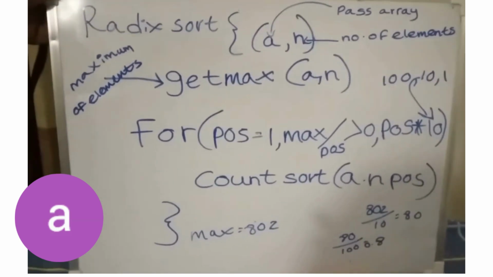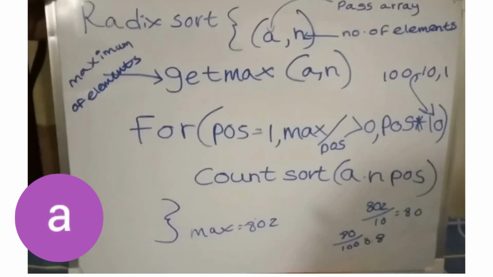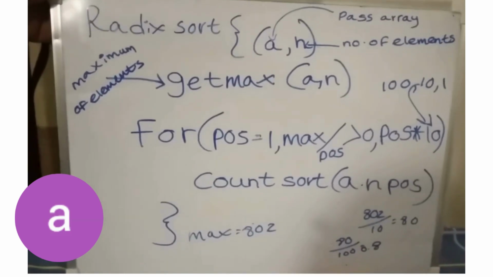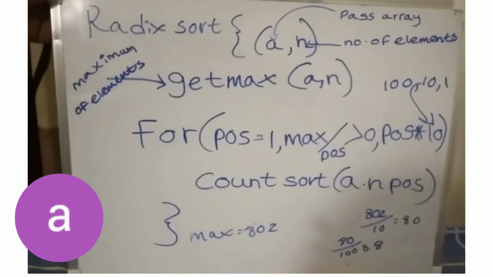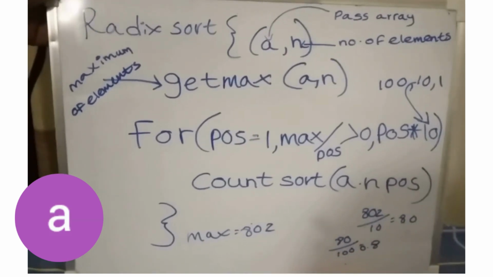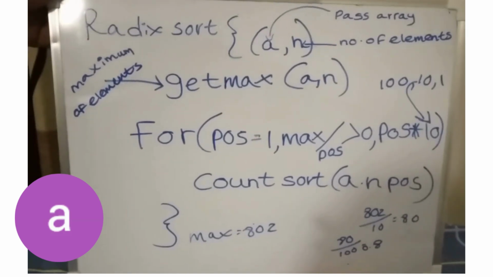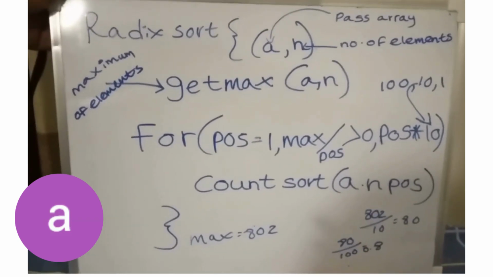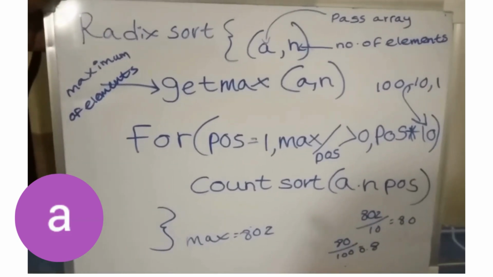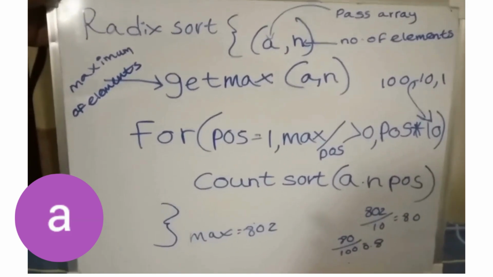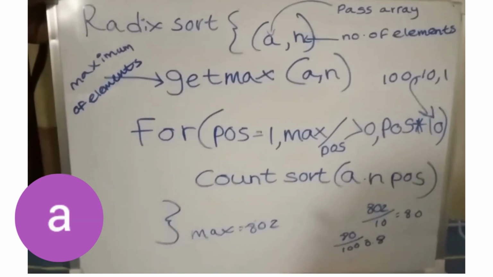Then secondly we are checking for the 10th place. 802 divided by 10 equals 80. Third, in the 100th place, we have to divide 802 by 100. It equals 8.02, which is also greater than 0.